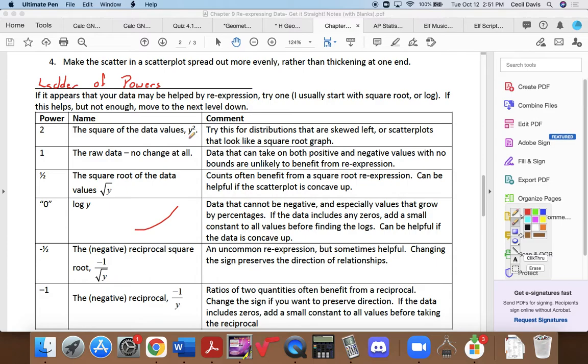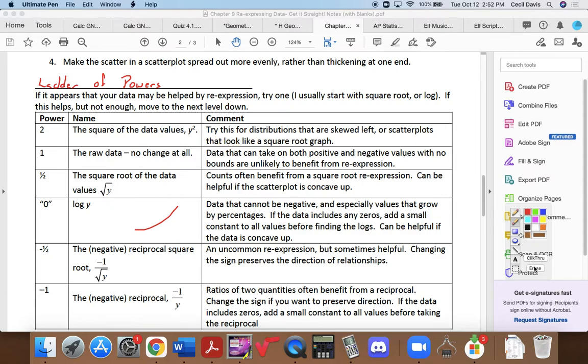You can take the square of the data values, that is y squared. So for things that are skewed left, or scatter plots that look like a square root graph, which makes sense. If it looks like a square root graph, squaring it should help. Right? That's what we did with the f-stop one at the beginning.